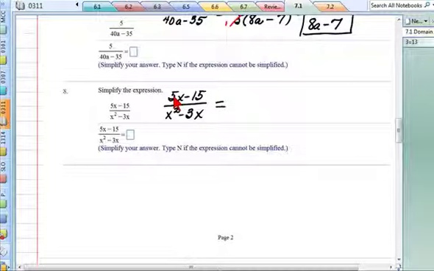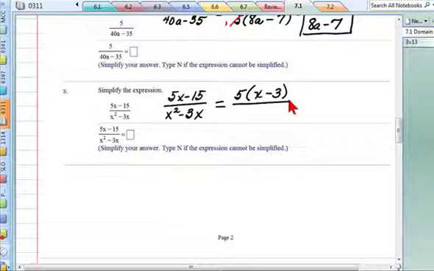What do I do? Common factor of 5. So the numerator will be 5 parentheses x minus 3. The denominator. Do you see something you can factor down here? Yeah. Common factor of x. So it's x times x minus 3. Do you observe a common factor? Yeah. The common binomial, x minus 3, x minus 3. I got to mark it off because it was repeated in its entirety.